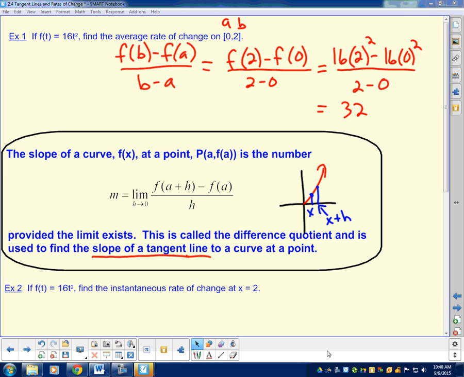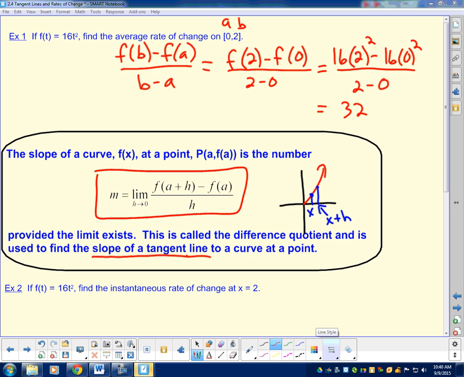So we are going to define the instantaneous rate of change as this, right here. There it is. Another phrase for the instantaneous rate of change, geometrically speaking, is the slope of the tangent line to a curve. Okay?